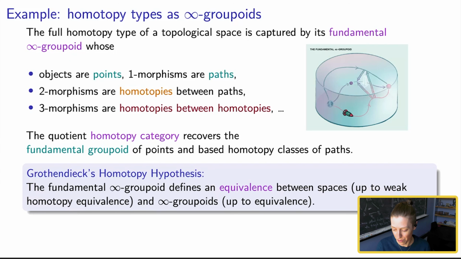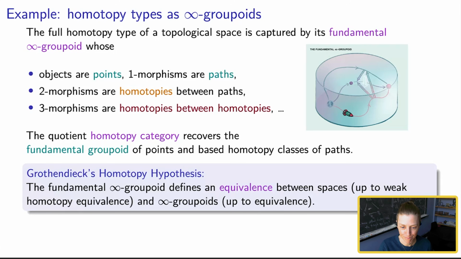There's zero-dimensional homotopy, one-dimensional homotopy, two-dimensional homotopy, all the dimensions. And the information of a space that is captured by its homotopy groups is sometimes called its homotopy type. And this fundamental infinity groupoid defines an equivalence between spaces up to homotopy type and infinity groupoids up to equivalence. So it's precisely capturing the full homotopy type of a topological space.